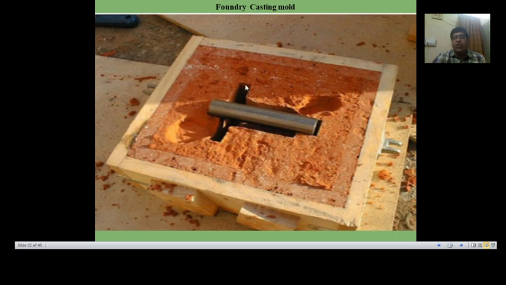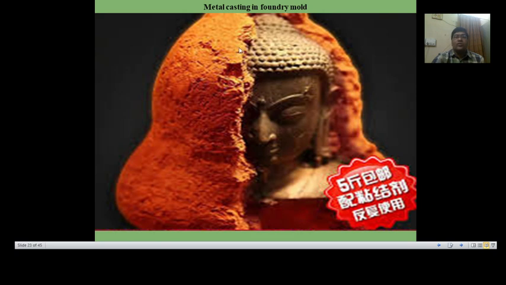The metal is heated and converted into molten form. When the molten metal is poured into this, the shape of the material will be obtained at the end. This is the sand, quartz, and it is used as a foundry casting mold, or in the casting of the mold. See, this is the molten metal being poured into the mold.